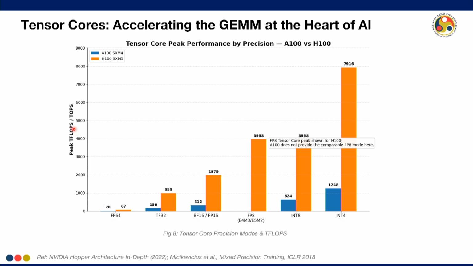Obviously you can have teraflops if you are doing floating point operations, or you can have tops, which is tera operations, based on the integer operations that you can do. So 20 versus 67 in floating point 64, 156 versus around 1000. You can see an 8x, 9x, 10x gain in the Hopper series of architecture compared to the previous generation, the Ampere series.